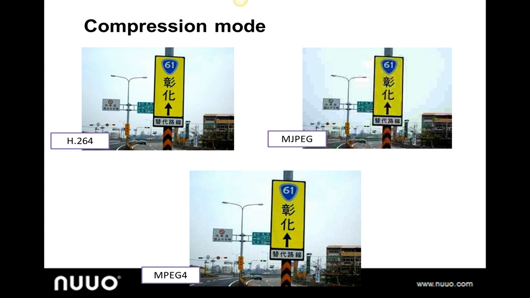So that is the trade-off of using the H.264 video format. If you have a lower PC spec and a lot of camera channels, you might consider just using MJPEG to reduce the CPU loading of your PC.